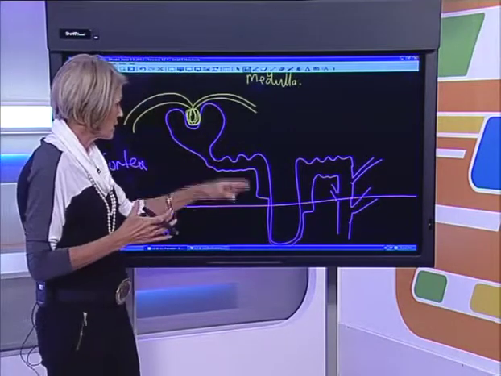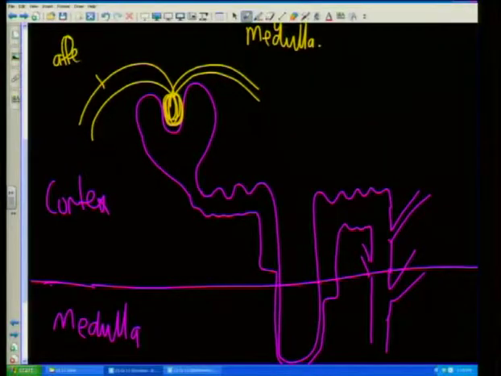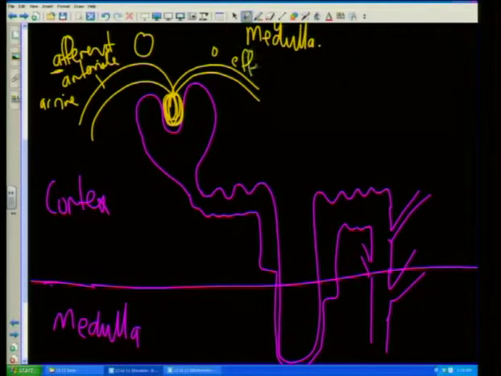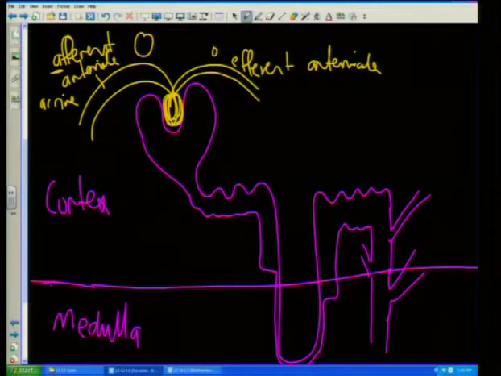At this point here, this is the afferent arteriole. For the afferent arteriole, just think of A for arrive. The afferent arteriole is larger than the efferent arteriole. The fact that it's an arteriole tells you that it has come from an artery.